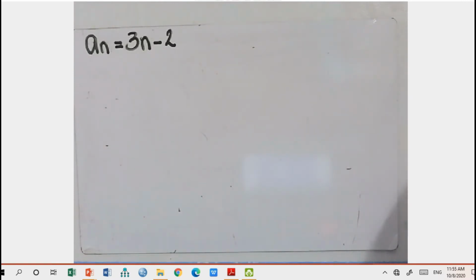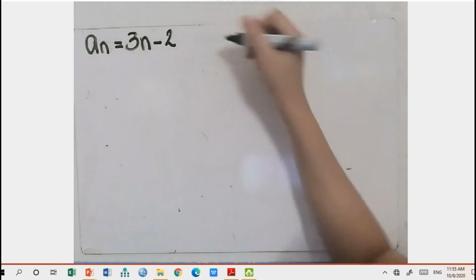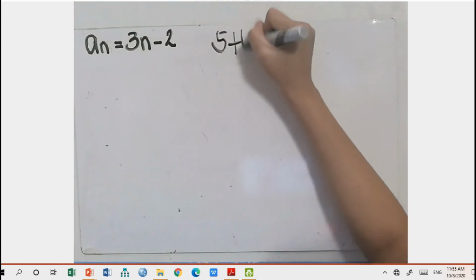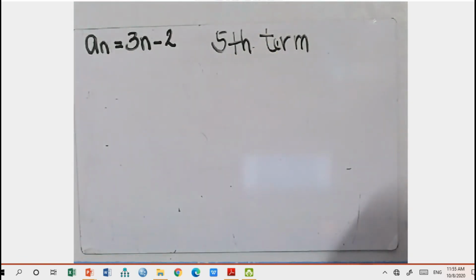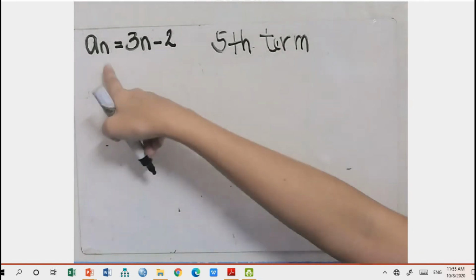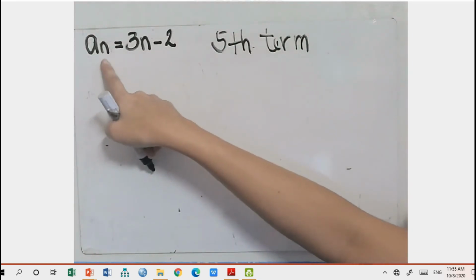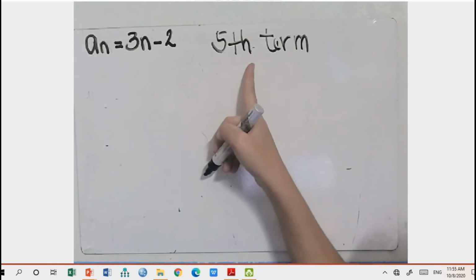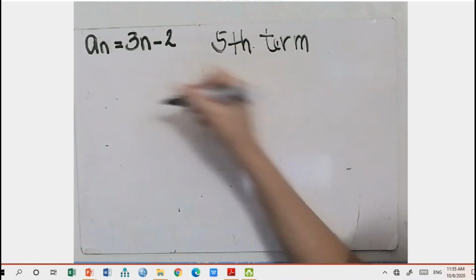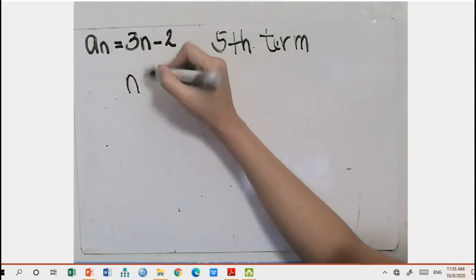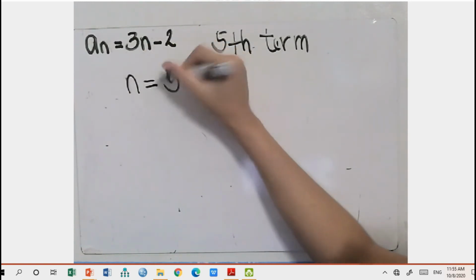Now, how about if you are asked to find the fifth term of the given general term of the sequence? So, again, we will just substitute the value of our n to what is asked. Okay? So, since we are asked to find the fifth term, let us have n is equal to 5.